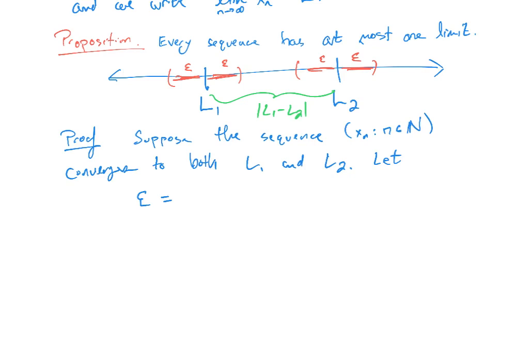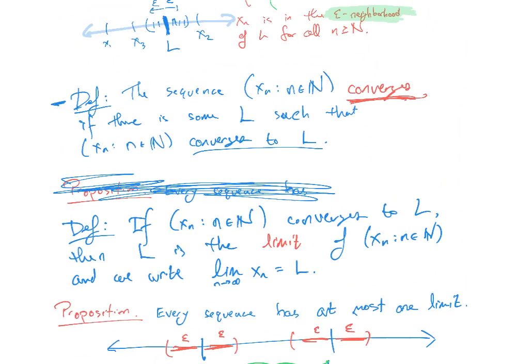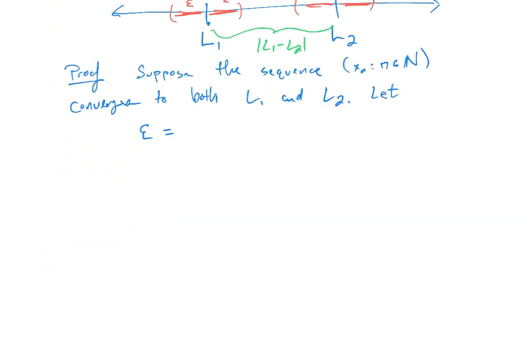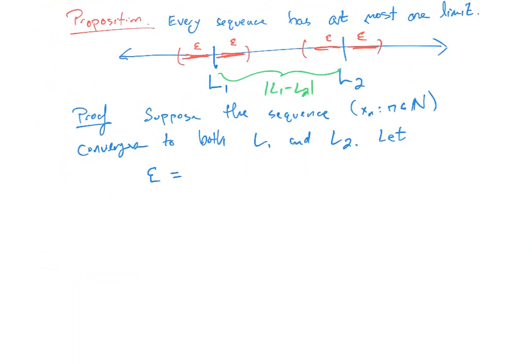Although a third is actually more than we need. I just wasn't sure if half would include the one point. So the thing is, half will work because in our definition of limit, that's a strict less than. Okay. So half is going to be good. So we're going to take the distance between L1 and L2, that's the absolute value of their difference, and divide by 2.